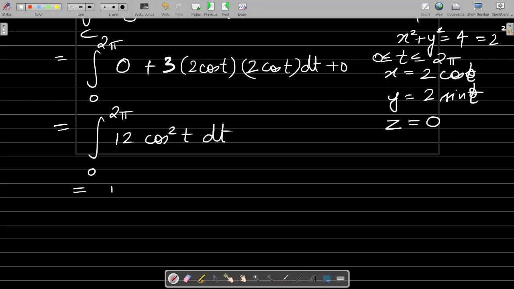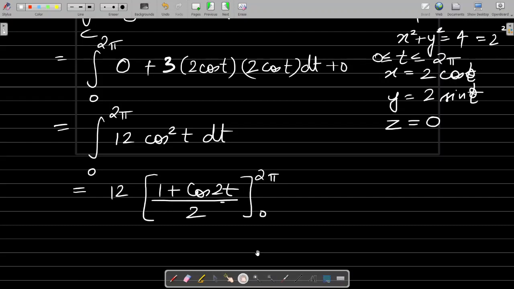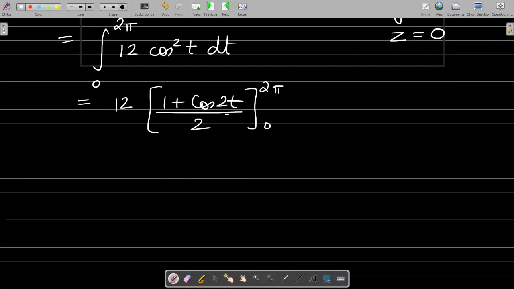So that is equal to 12 into (1 plus cos 2t) by 2 within the limits 0 to 2 pi. I'm sorry, here I've not integrated it.